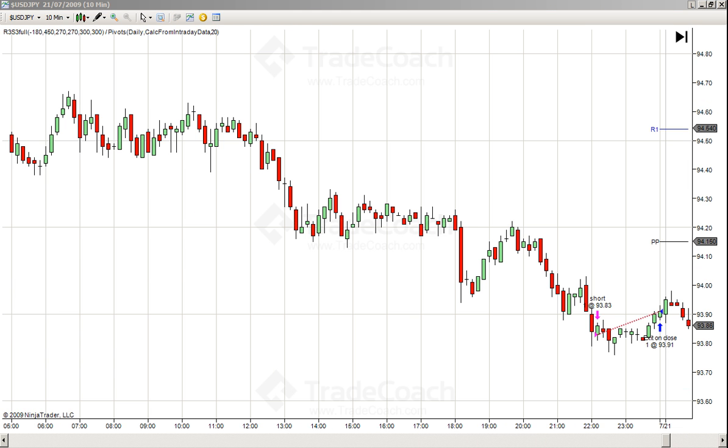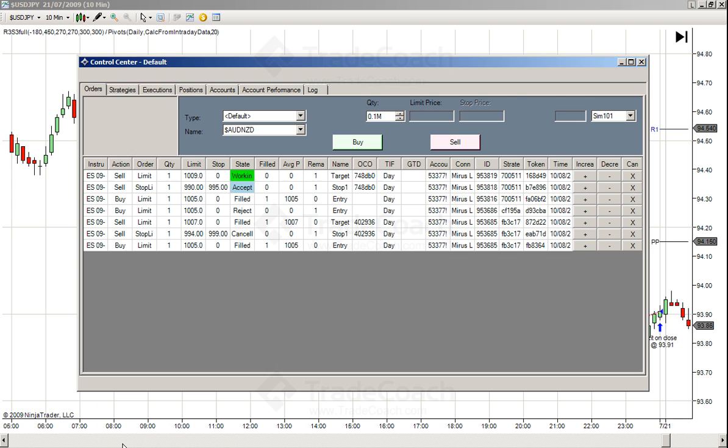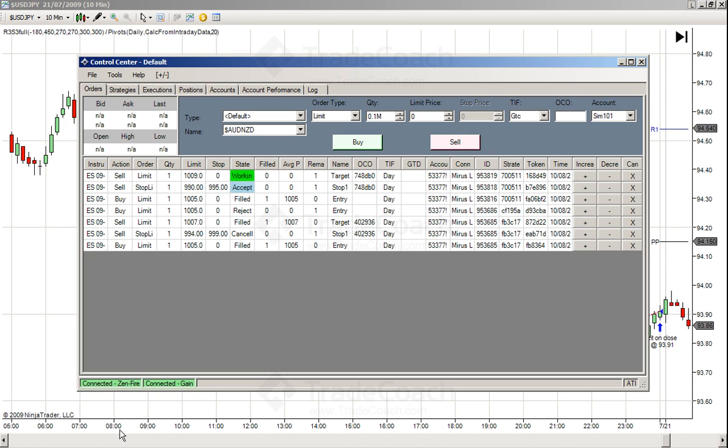Greg mentioned last week that it's not possible to have connections to both Gain and ZenFi while using the free Ninja. Is this true, and how can we overcome it? Okay, it is possible to be connected to one or the other. Let me just clarify what I was talking about. Okay, on your screen, down the bottom it says connected to ZenFi and connected to Gain.